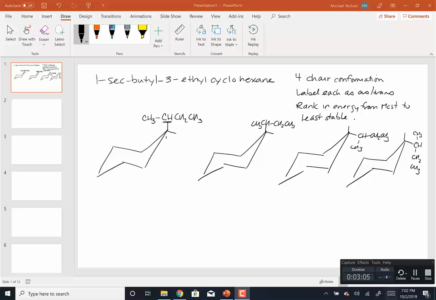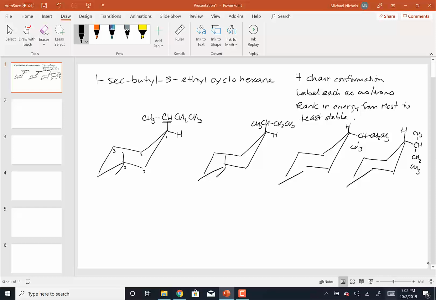That's what that is going to look like. The other position will get a hydrogen. Now, I want to find the 3 position, and if we go 1, 2, 3, the 3 position is either here or it could be on the other side. I like to put the 3 position here, and I'm going to put my axial and my equatorial positions into carbon 3.